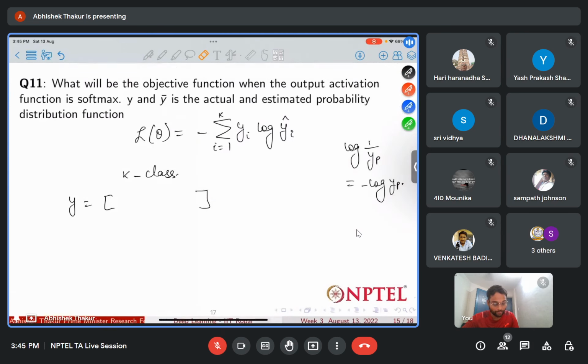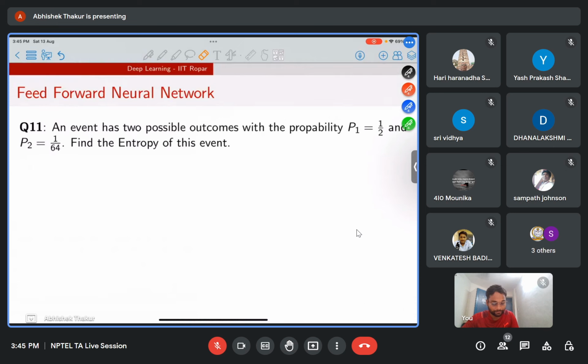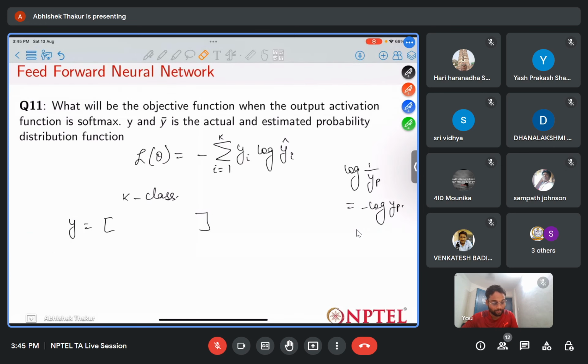So in this also we'll get 1 when i is equal to L. We know that for the Lth value, y is equal to 1. Y will be something like 0001, with k classes.